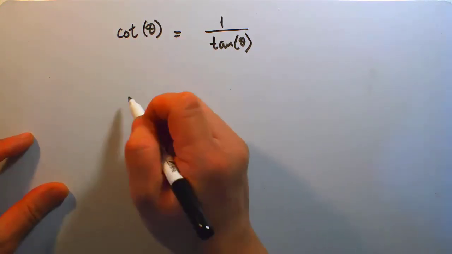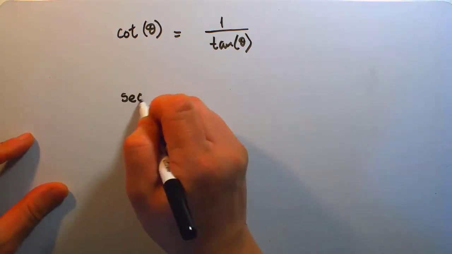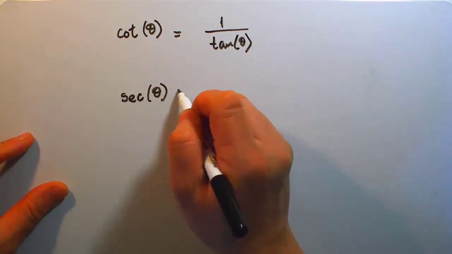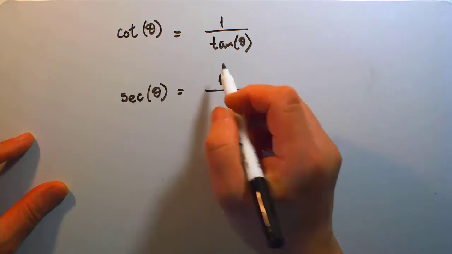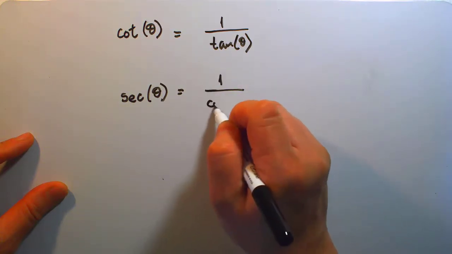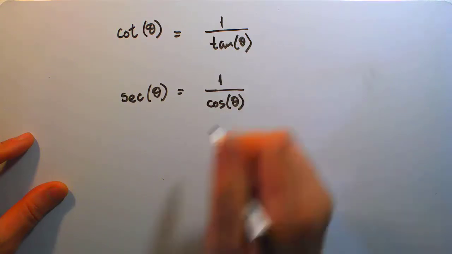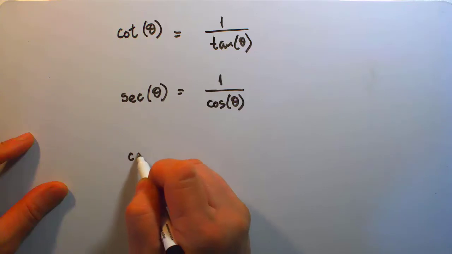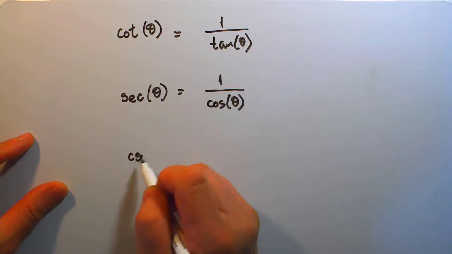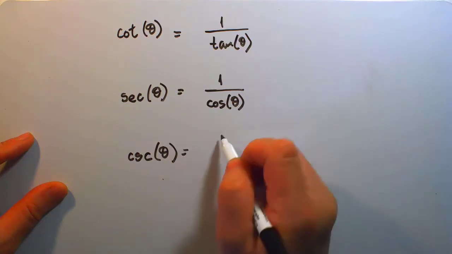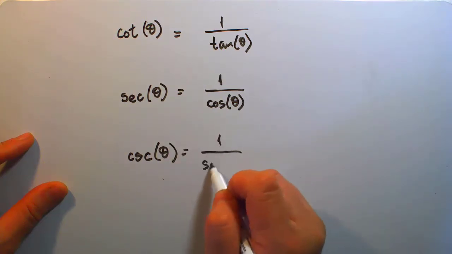Secant, we also learned through the definition that secant of angle theta, any angle theta, is 1 over cosine of theta. And the last one in our list that we just looked through the definition was cosecant of theta equals 1 over sine of theta.